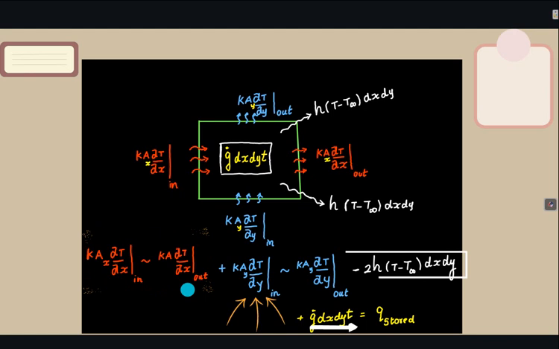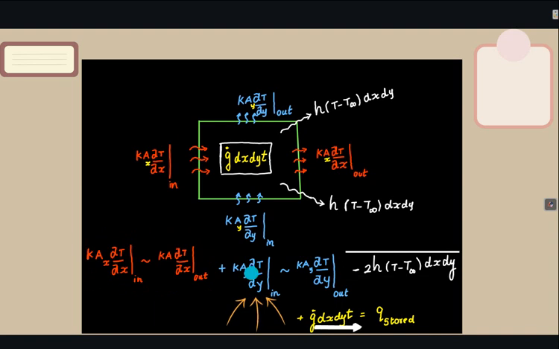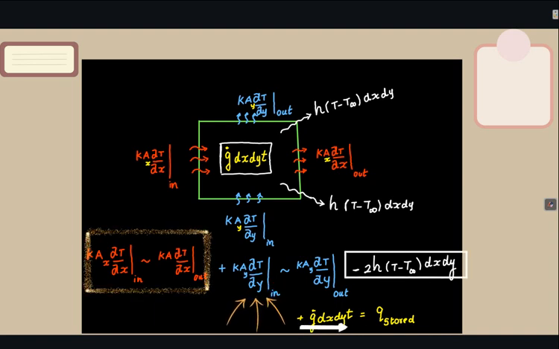It's ∂²T divided by ∂x, not ∂x squared, right? So let us do the mathematics and exercise much precision and caution. It's ∂²T by ∂x. And here also it's going to be k along y, ∂²T by ∂y. That's what I'm going to do in the next page.